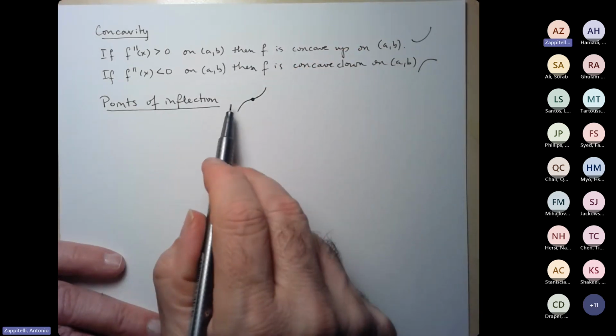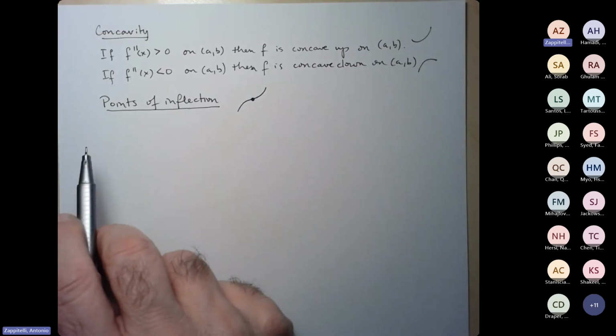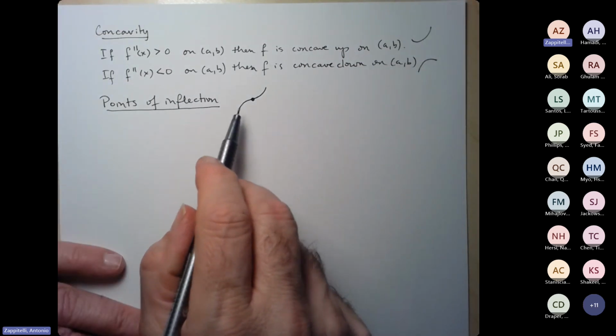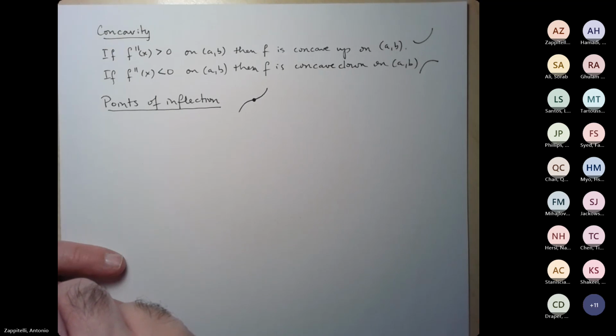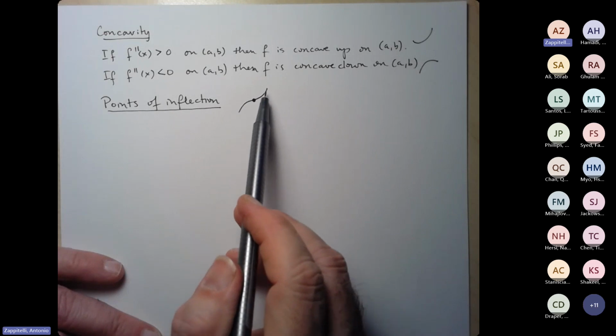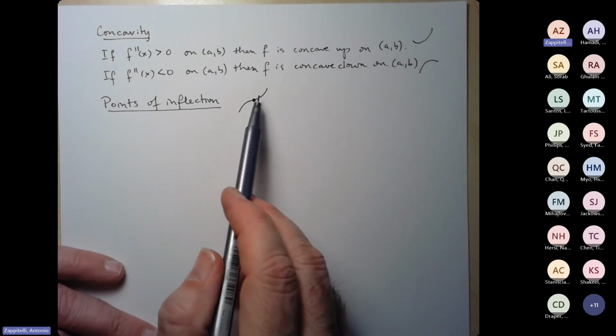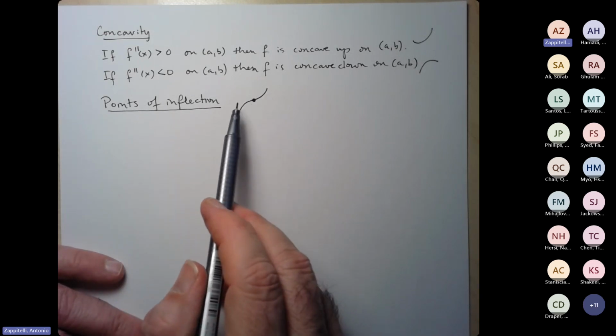Can somebody tell me what's the special thing that has to happen at a point of inflection? Look at the picture that I've just drawn you. What happens before and after that point? What is it that changes?